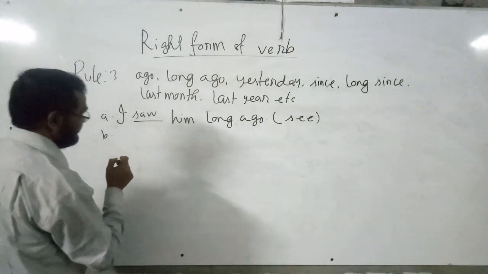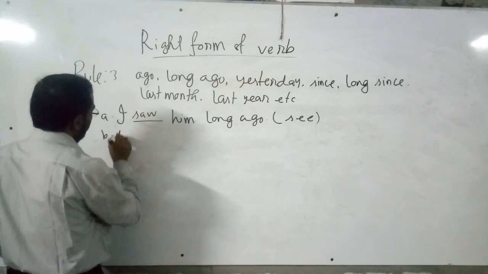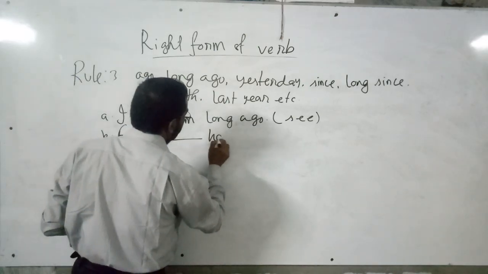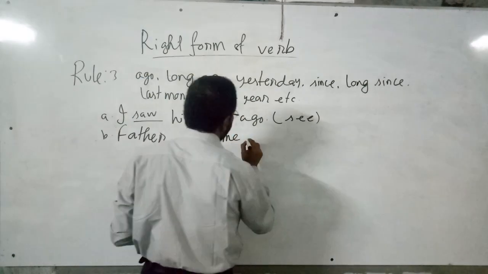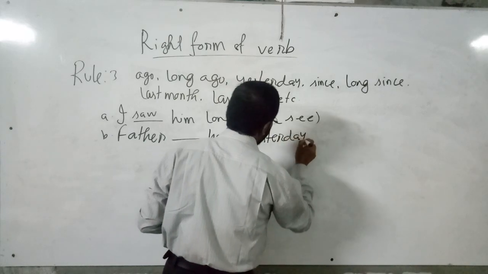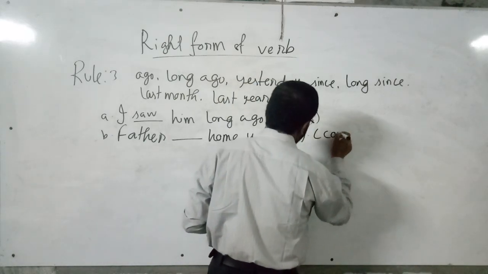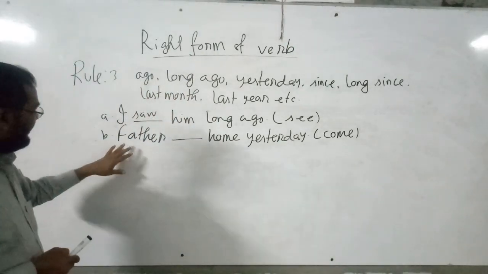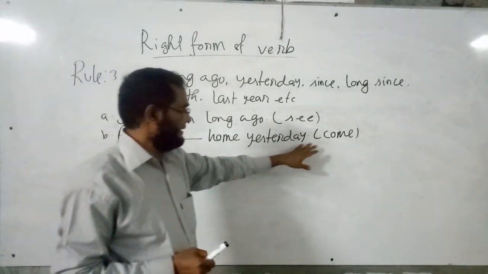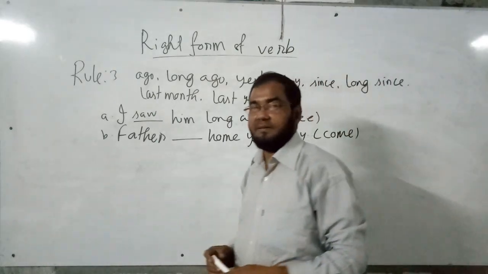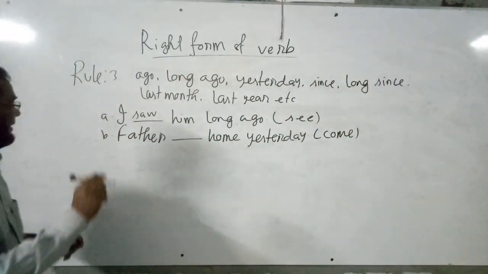Next, here the verb is come. Father dash home yesterday. Come is the present form of verb, but the past form of verb is came.